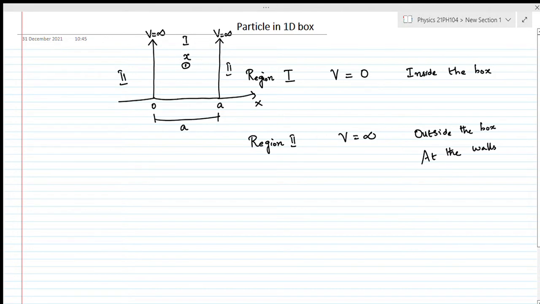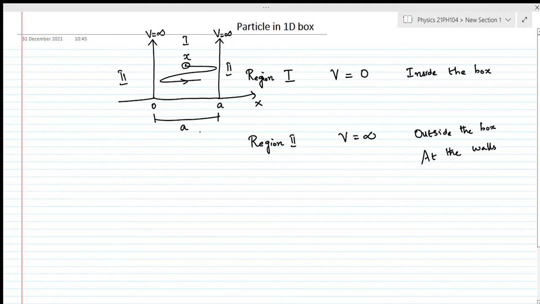Now, the potential energy V is equal to 0 here inside the box, and it is a freely moving particle. Even if the particle collides with the walls of the box, there is no loss of kinetic energy as the particle is subjected to elastic collisions.